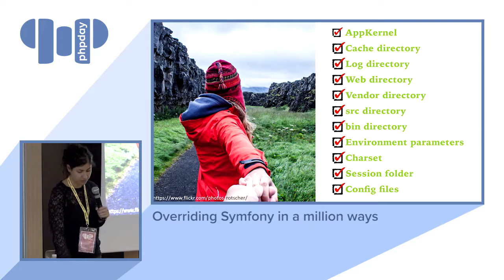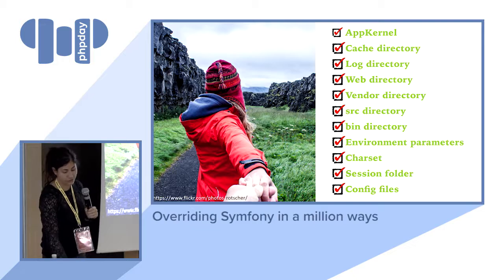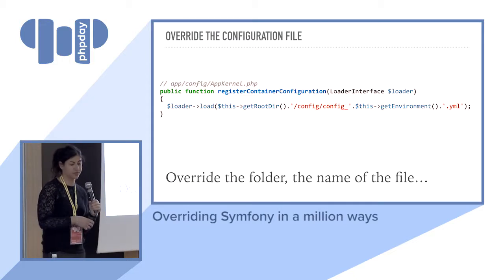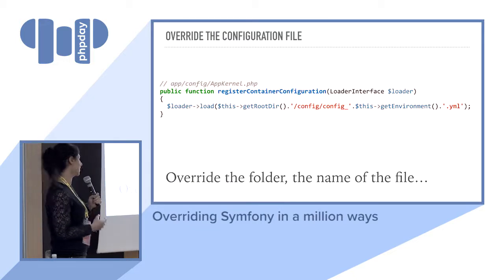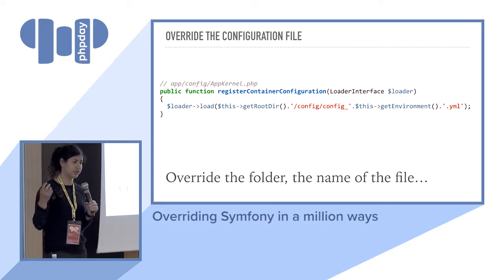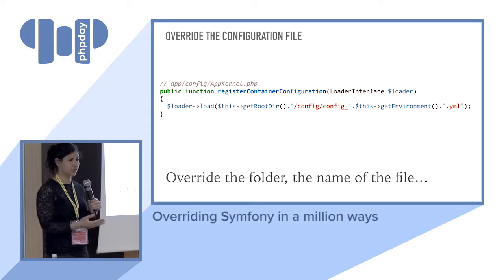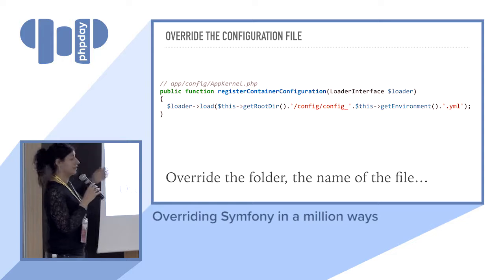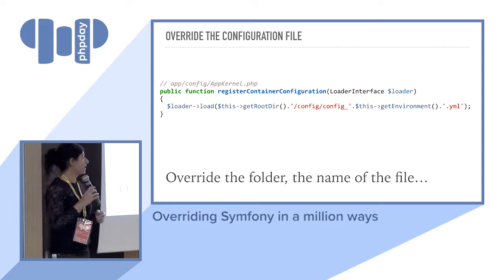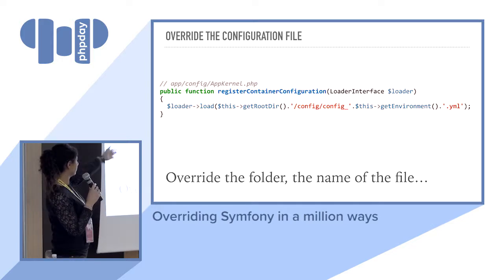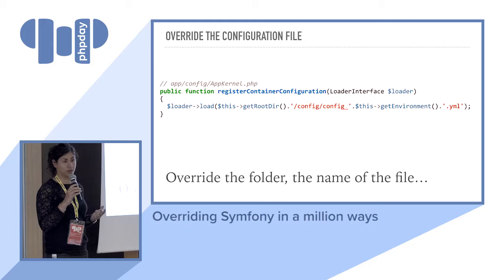And the last one, config files. Of course, you know how it works because I'm sure you already used it. Basically, if you want to change the way the configuration is read, you just have to change the registerContainerConfiguration method again, in the class AppKernel, and just say, okay, another path, whatever you want, okay?